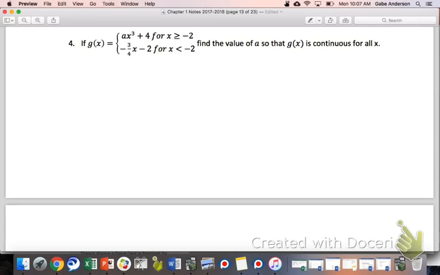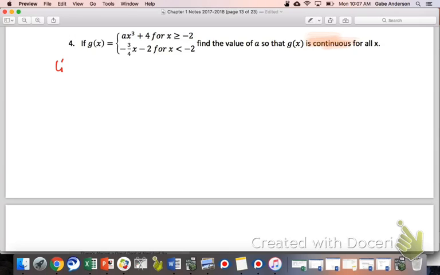So I want to give you guys a hint about this. If you are ever asked about continuity, if you're ever asked things like this question where it says find a to make this function continuous, or prove that this function is not continuous, or prove that this function is continuous, if you're ever asked a free response question about continuity, you want to start in one place only, and that is that limit statement that you saw in the video. Okay, so I'm going to show you what I would expect here. I would write something like this.